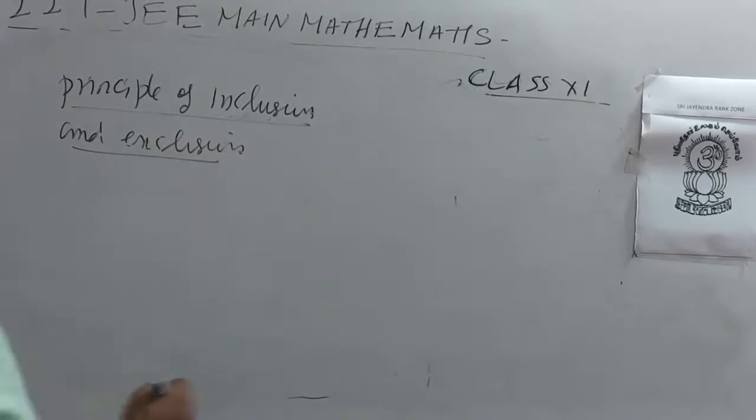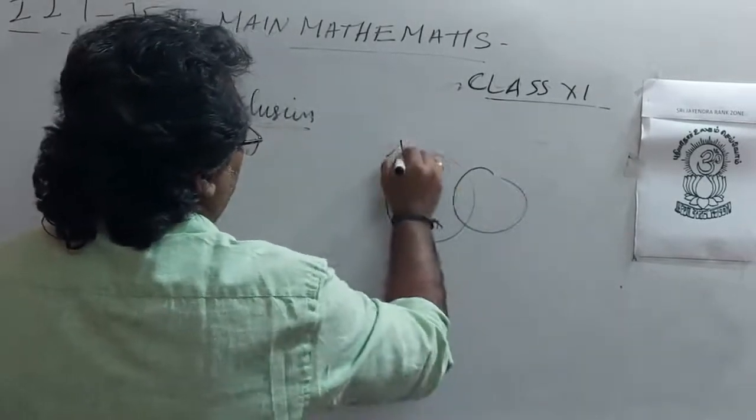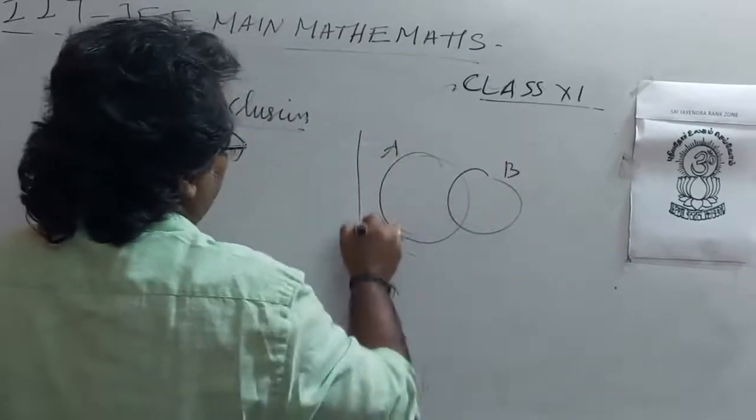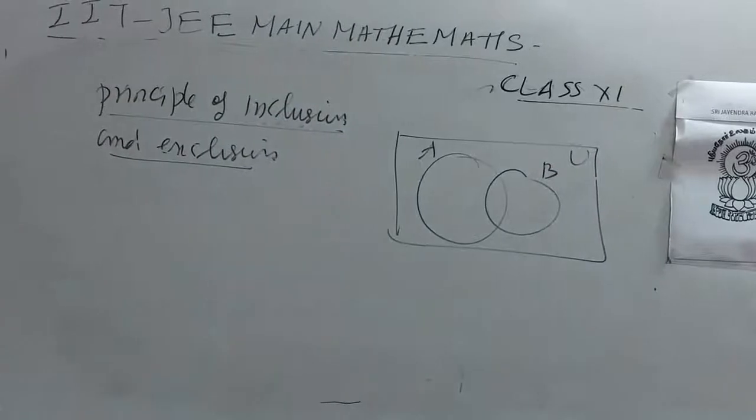So, the principle of inclusion-exclusion. Let A and B be two sets, and let U be the universal set.